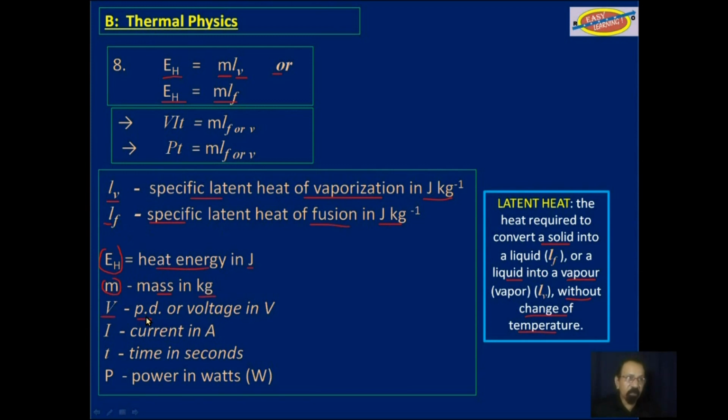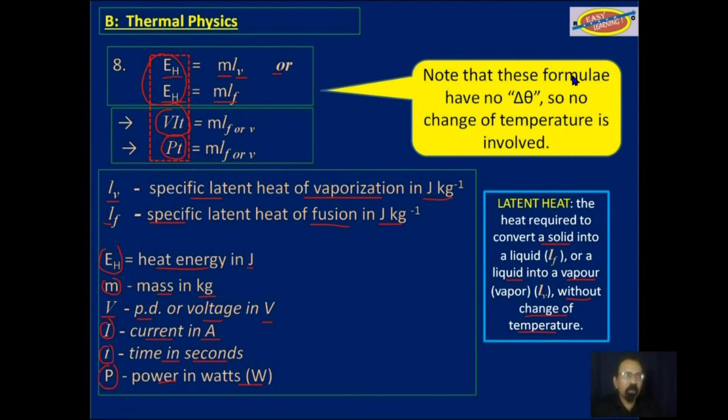V is the potential difference or the voltage in volts. I, current in amperes. T, time in seconds. And P, power in watts. EH in both of these 2 equations up here can be replaced with either VIT or PT.